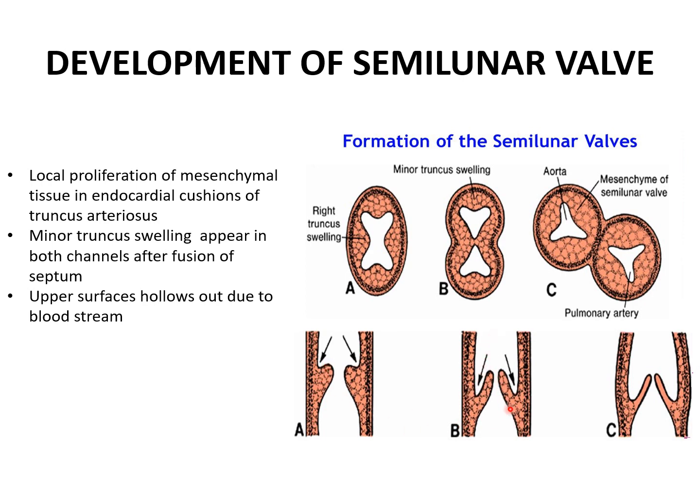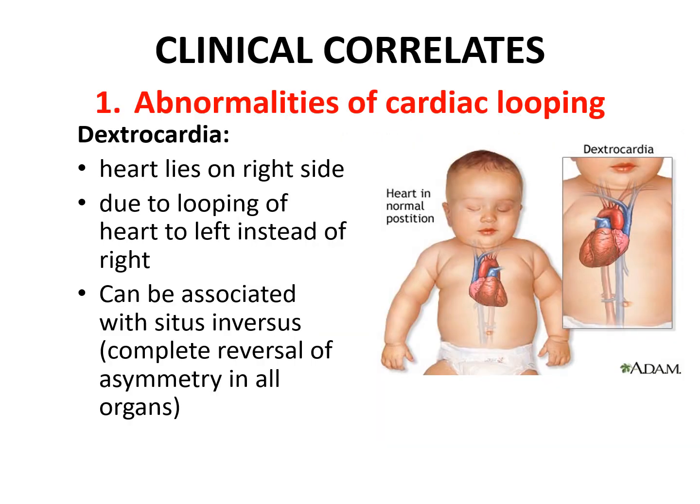And the convexity is towards the ventricular surface, which was opposite in the case of cusps, where the hollowing was occurring in the ventricle. This occurs because of the bloodstream and the pressure in the bloodstream. So this is how the semilunar valves arise or develop.